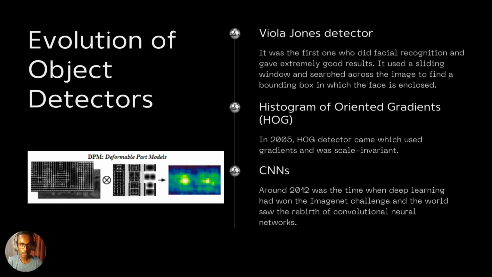That's basically using a Viola-Jones detector, and it used a sliding window which searched across the image to find a bounding box in which the face is enclosed. And that's all you need to know about the Viola-Jones detector at this time. It's very good at identifying faces.